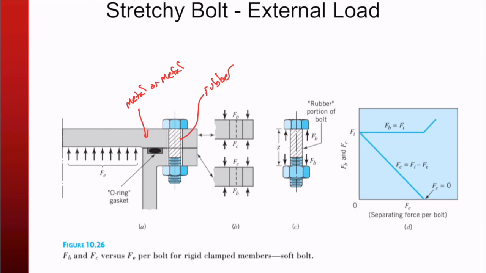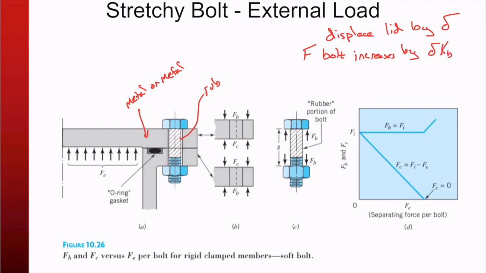Now, if I apply some delta to this, so if I displace the lid by delta, what happens? F sub bolt increases by delta times the stiffness of the bolt, but the stiffness of the bolt is just rubber, so that's effectively zero.